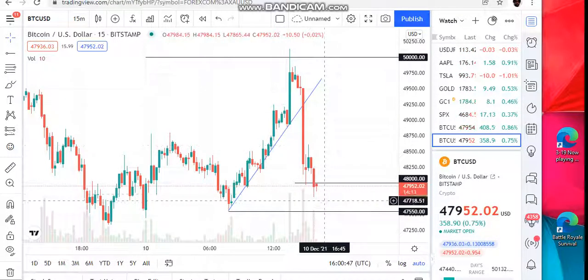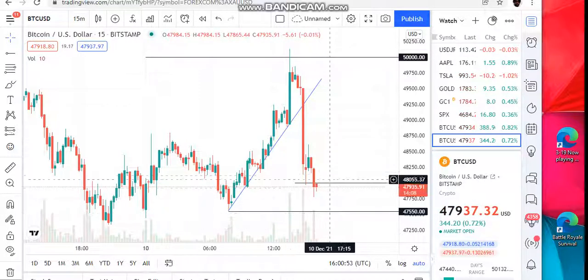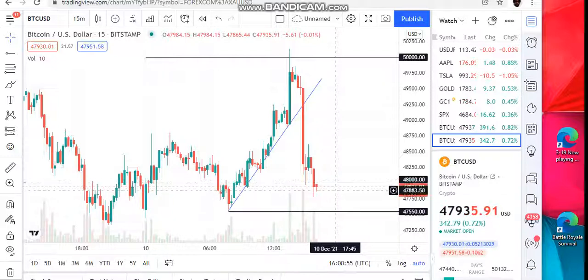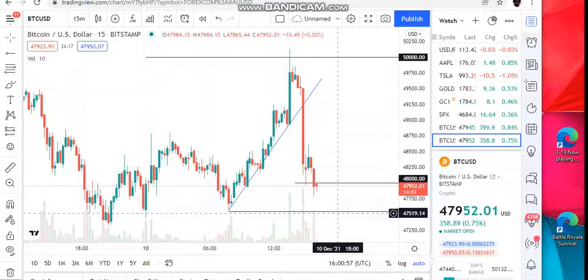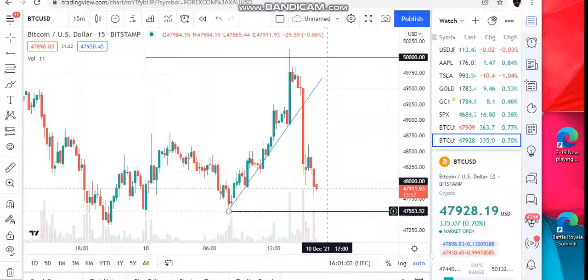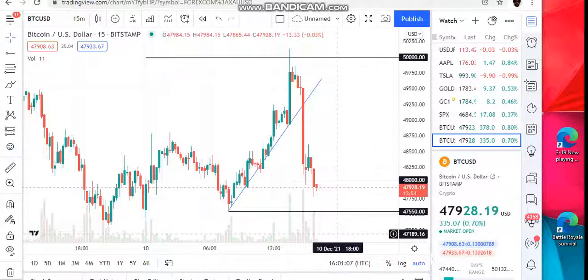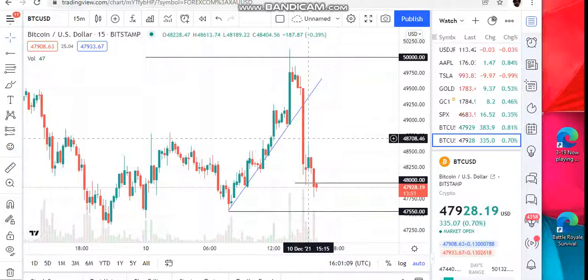But you can see price is now in 48, and we're waiting to see what price is going to do. What's the next key level? 47,500. Price is probably going to go back down to 47,500 before deciding if it wants to go down to 47 or 46. And this is for Bitcoin.